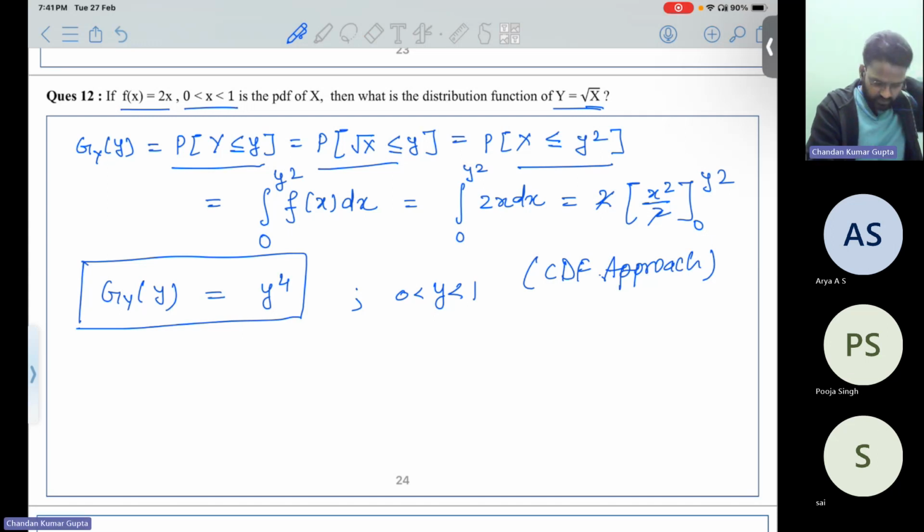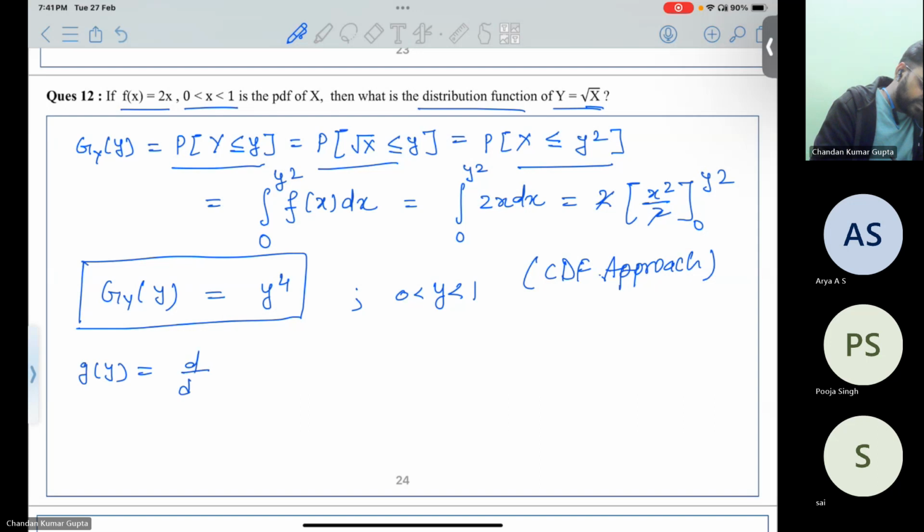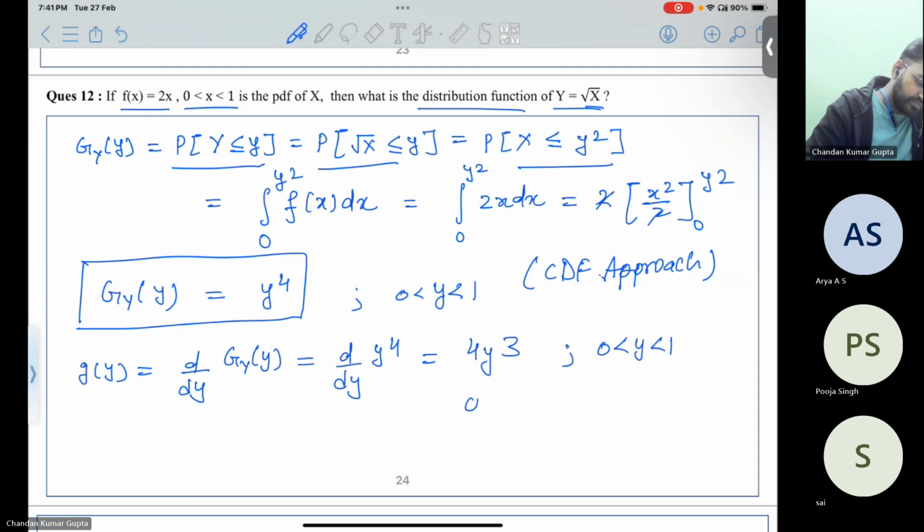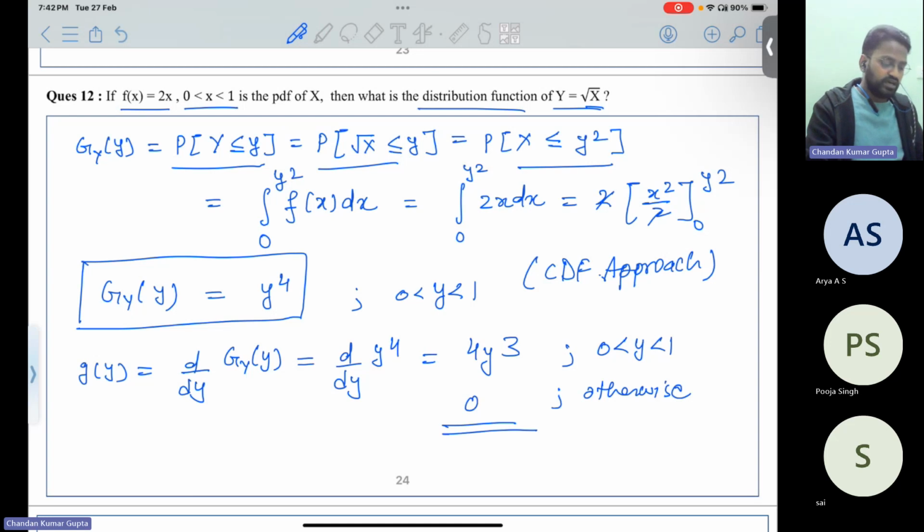You may also calculate the PDF by differentiating the distribution, which is equal to 4y cube. This is the PDF.